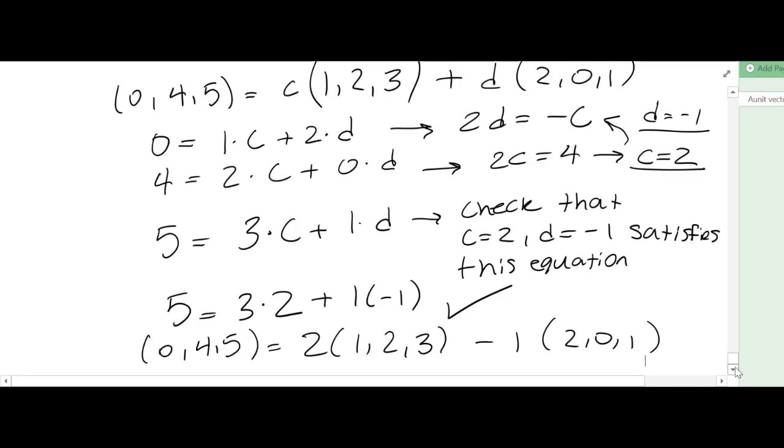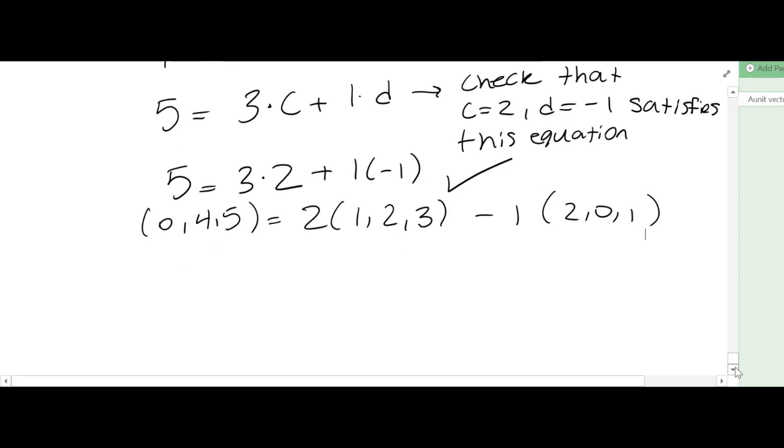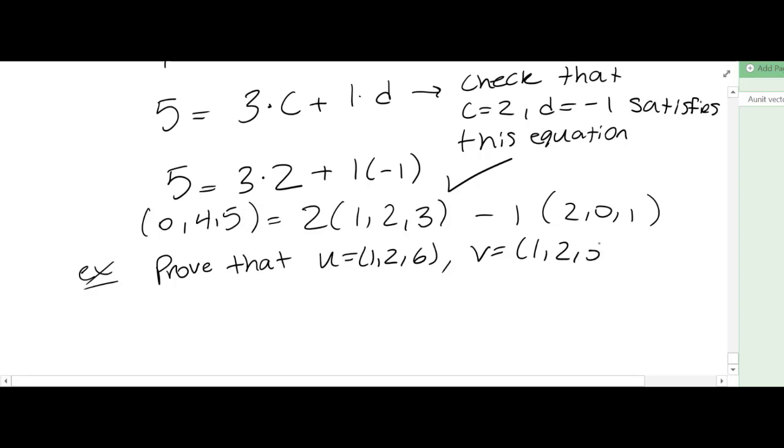We can also prove that vectors are linearly independent. So let's say I have these 3 vectors, and I want to prove that these guys are linearly independent.